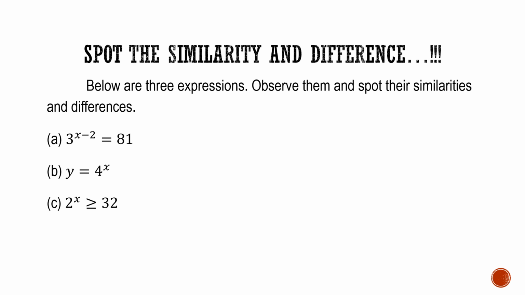That's the first consideration that we need to look for. Second consideration is that there is an involvement of a variable in your exponent, to your base, which is a whole number or a constant, I mean.